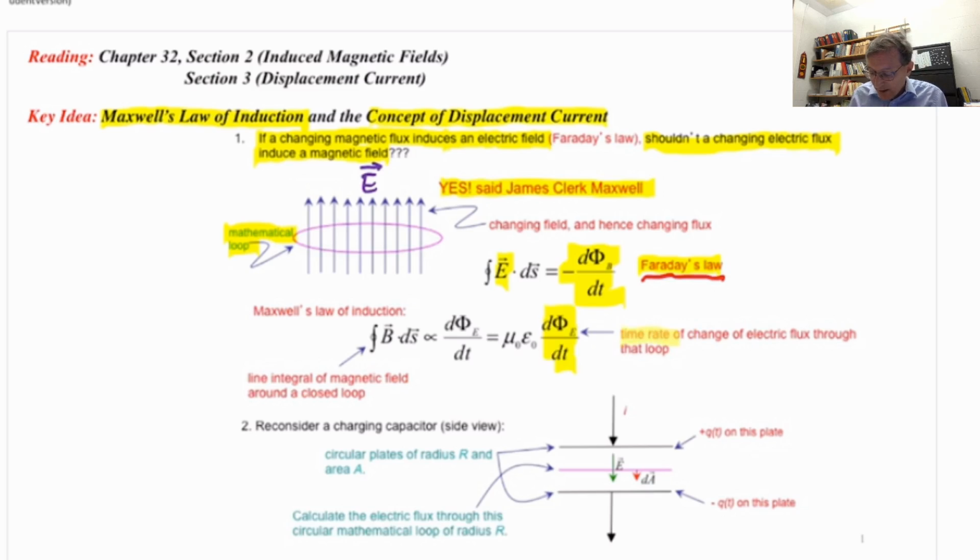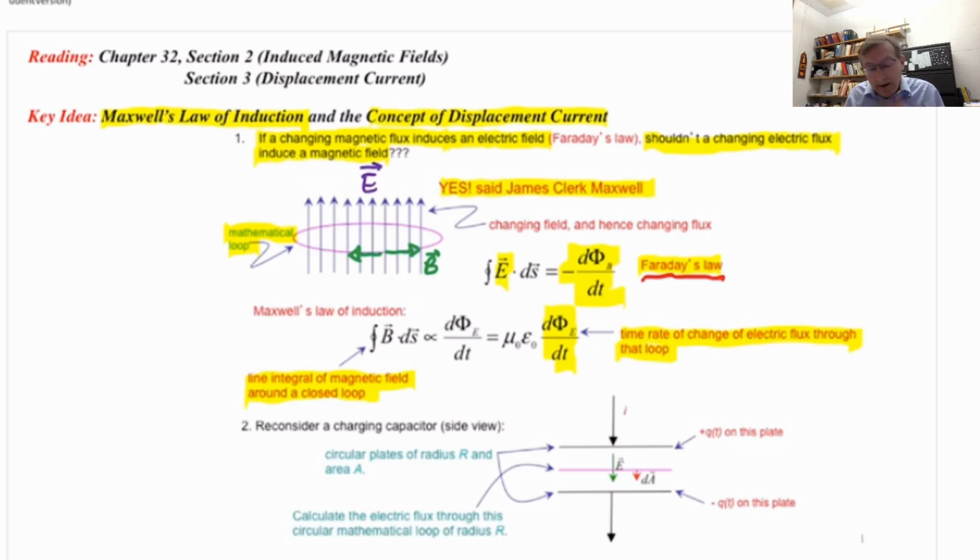Time rate of change of electric flux through that loop. Then you will have an induced magnetic field around the loop, either one way or the other, depending upon whether the flux is increasing or decreasing. Right? So we just swap the roles.